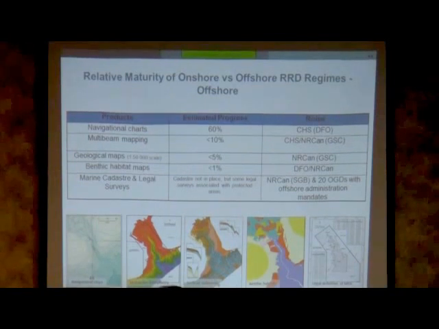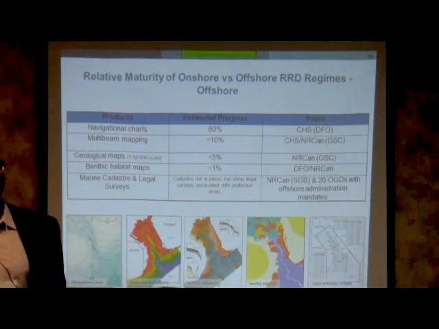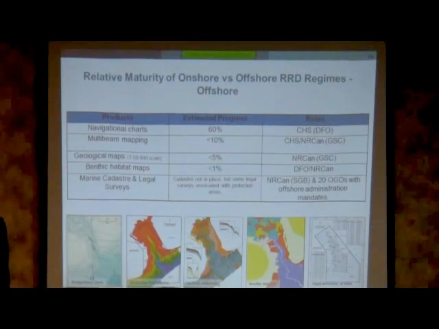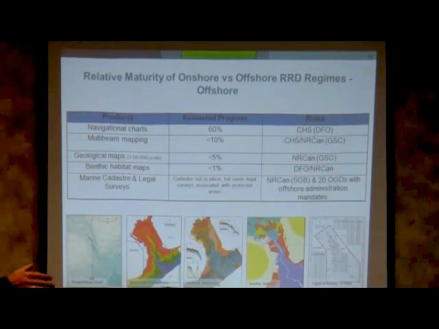The issue is that we have navigational charts of good quality for about 60% of the Canadian offshore, judging by the time and the required frequency of the update. It's a kind of round, pretty much arbitrary figure, but it's close. Multi-beam mapping covered about 10% of the Canadian offshore.